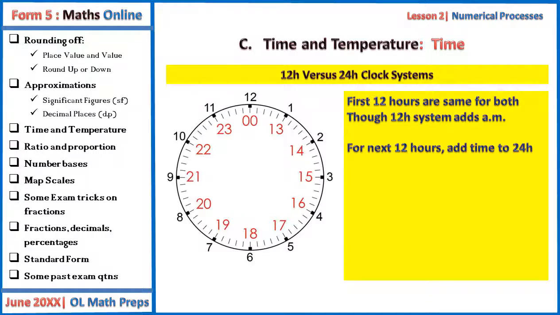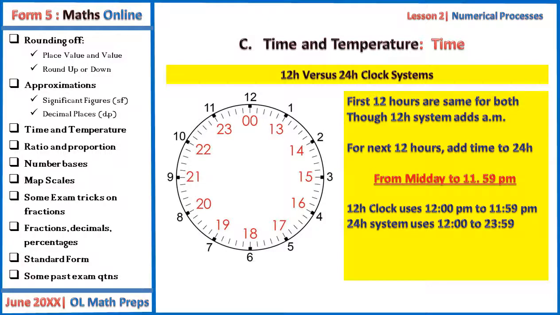Secondly, for the next 12 hours, that is from the 13th hour, we add 12 to have the corresponding time on the 24-hour clock system. From midday to 11:59 p.m., the 12-hour clock system uses 12 p.m. to 11:59 p.m., while the 24-hour clock system uses 12 hours 00 to 23 hours 59.